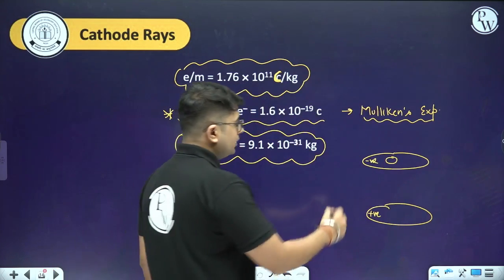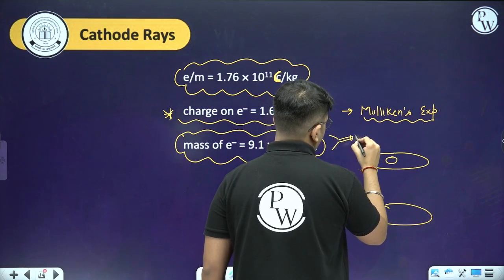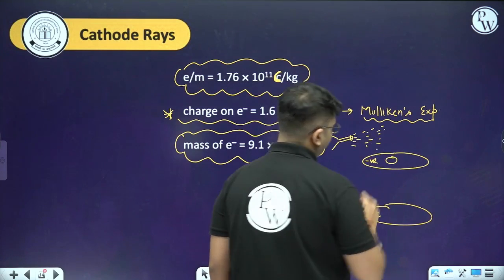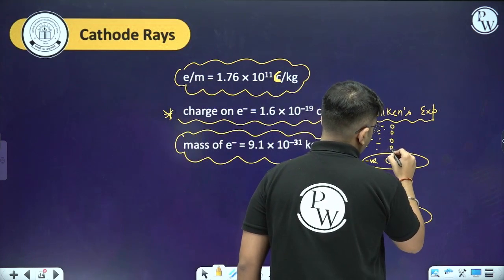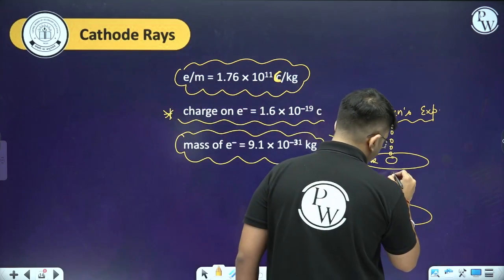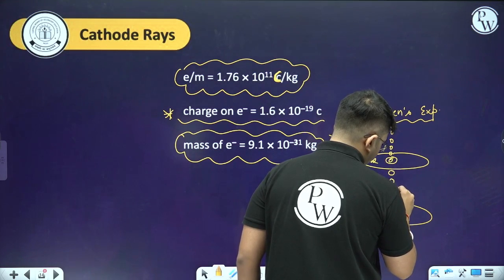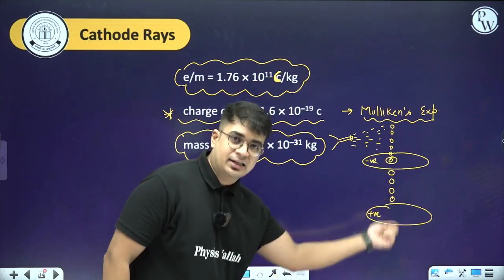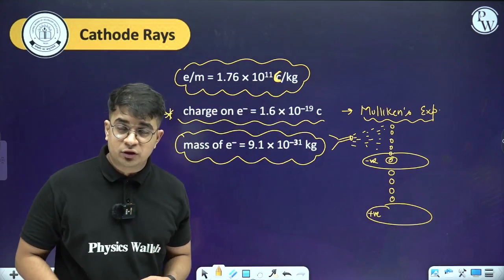So he sprinkled the mist of oil, and some oil droplets settled down on this plate, but some of the droplets went through this particular hole, and he was checking the speed at which they settle down on this positively charged plate.